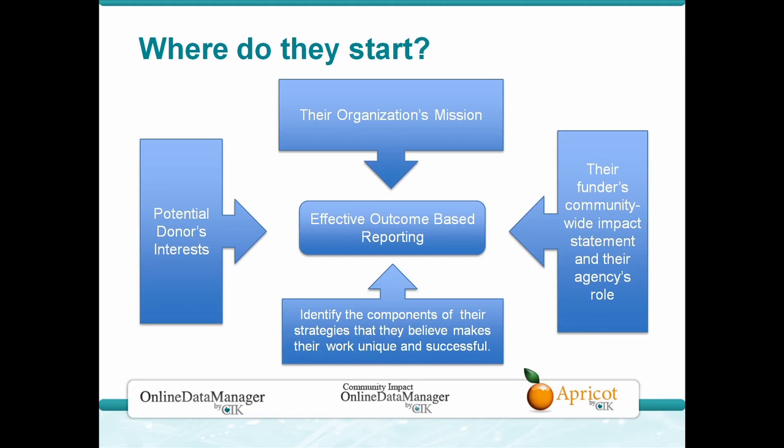Let's start there, and let's make sure we can measure the components of your program that you think make your program unique. Because there's more energy and enthusiasm for an agency to focus on that than to focus on things that maybe just the funder wants. And if they first focus on their activities that they think make them unique, I've found that they'll be able to very easily find ways to track the other things if there are different things that a funder may want.